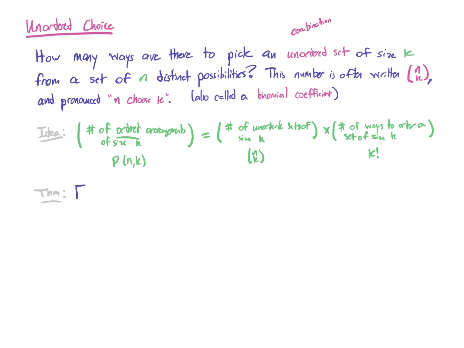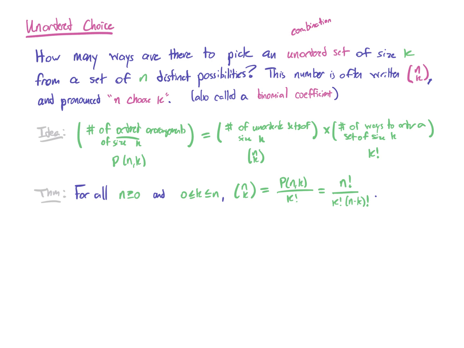Theorem: for all n greater than 0, and we have to specify here as well, 0 is less than or equal to k, and k is less than or equal to n, it holds that n choose k is equal to, and here I'm just going to isolate n choose k, so I'm going to divide by k factorial on both sides, P(n,k) divided by k factorial, which, if we use our formula for P(n,k), becomes n factorial divided by k factorial times (n minus k) factorial.